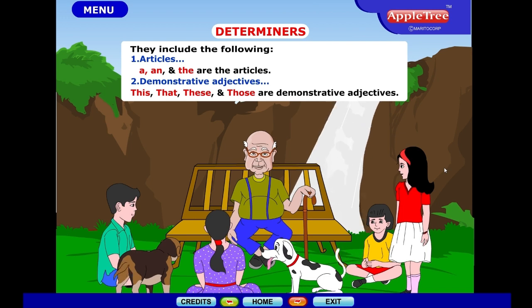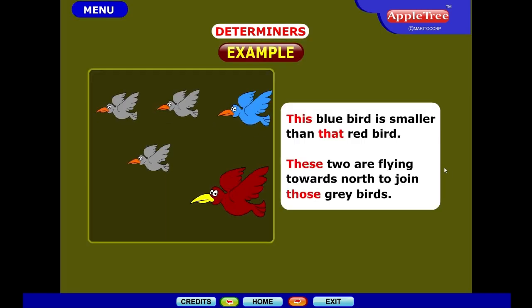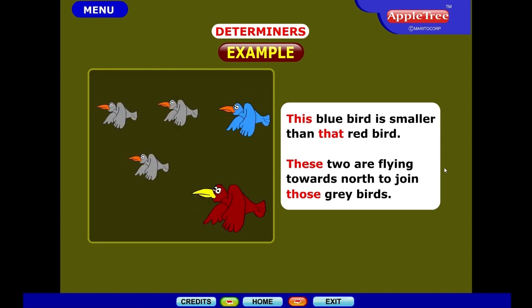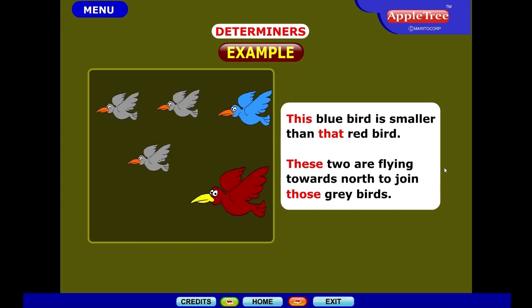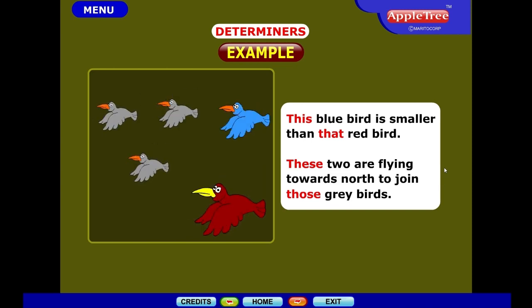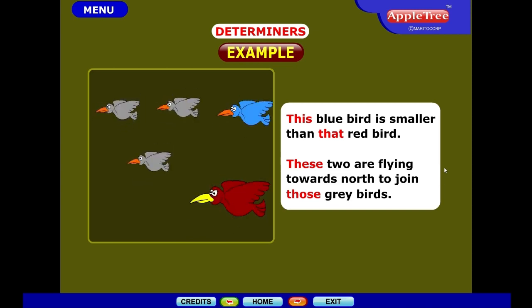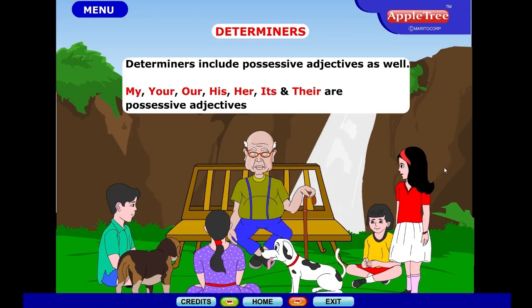Demonstrative adjectives. This, that, these, and those are demonstrative adjectives. Look at this example. This blue bird is smaller than that red bird. These two are flying towards north to join those grey birds.